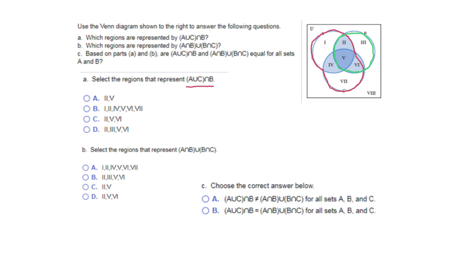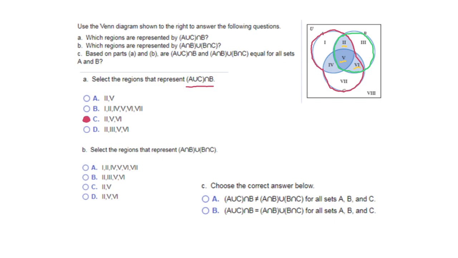So for our trying to do the intersection is what is in common between the two sets. So that would give us region 2, region 5, and region 6 is where they overlap and have a commonality. So I am going to choose answer C as the answer for this item here. A union C intersect with B.